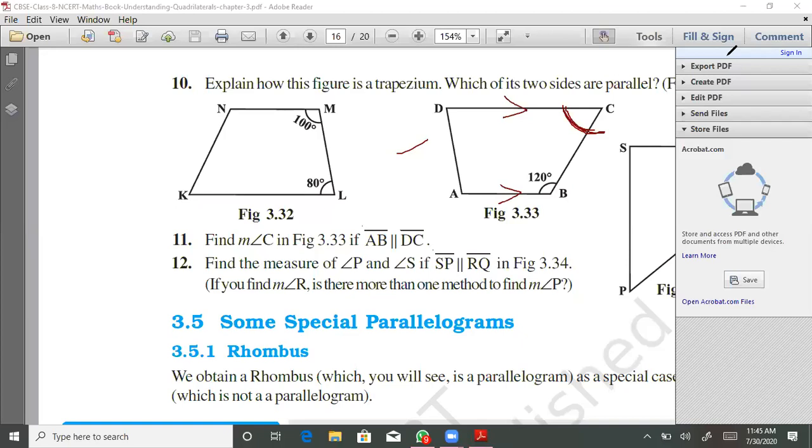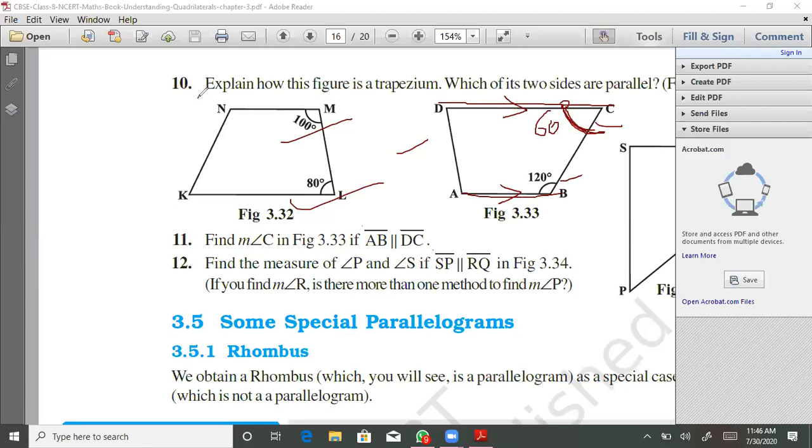So see, if these two lines are parallel, then the sum of these two angles will be 180 degrees. Opposite sides are parallel, so these are adjacent angles. So what should it be? 60 degrees. As you can see here, 180, 180. The same should be here also. 120 plus 60, 180.